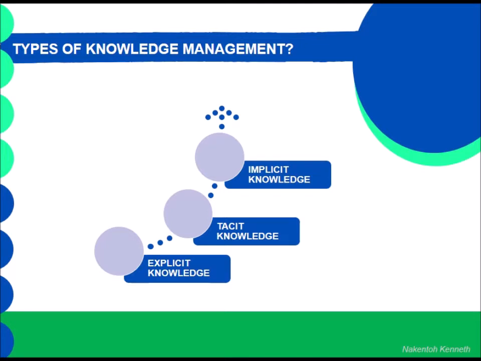For example, reports, documents or instructions, manuals, raw data, frequently asked questions sections on websites, videos, tutorials, etc. This is what is called explicit knowledge. So explicit knowledge is codified information that is already kept in a book, or that's tangible, and we can read it and we can share it easily.